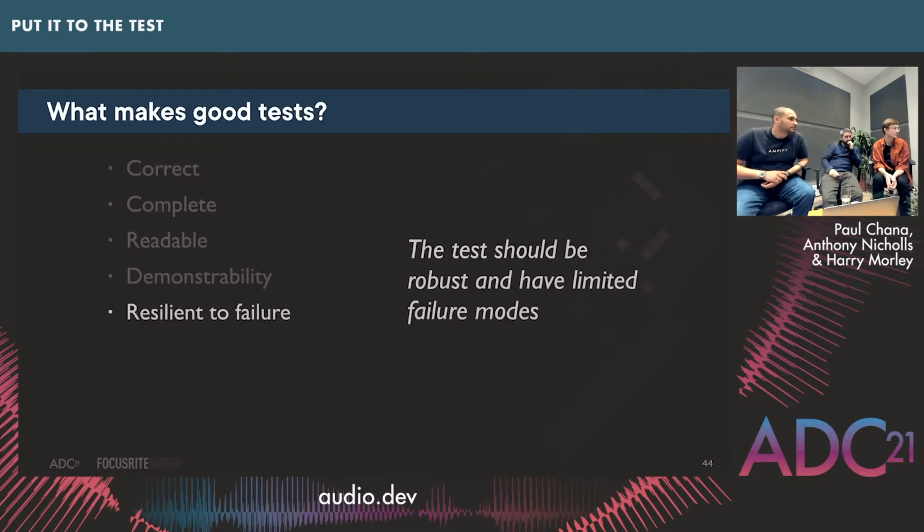So the next one is resilient to failure. This is one that gets every engineer at some point: you write a test and then it fails for reasons you don't understand.